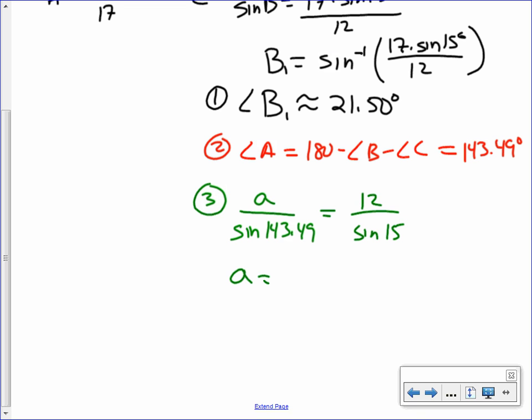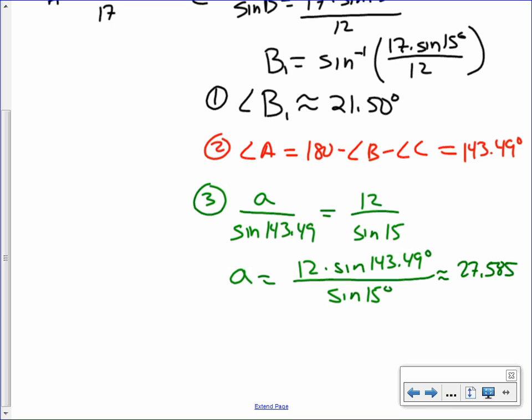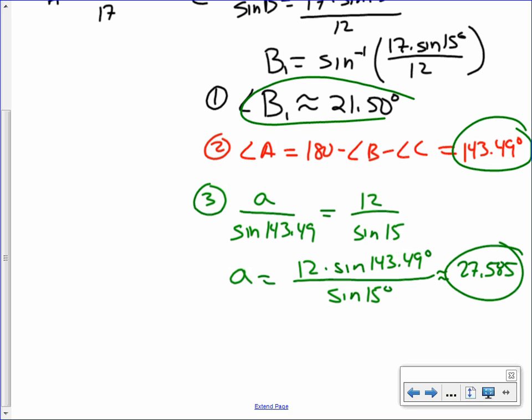So A is equal to 12 times sine 143.49 degrees divided by sine 15 degrees, which puts us at about 27.585. So that's 1, 2, and 3 things that we need to find for the first triangle.